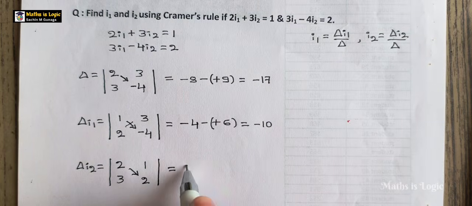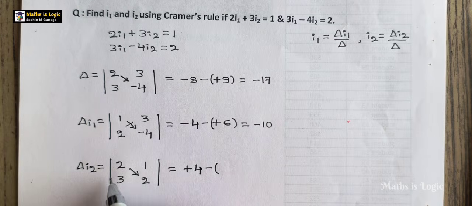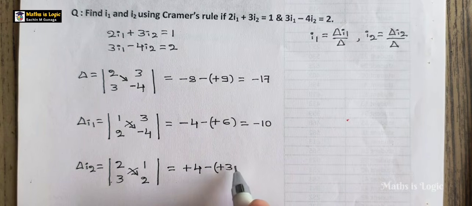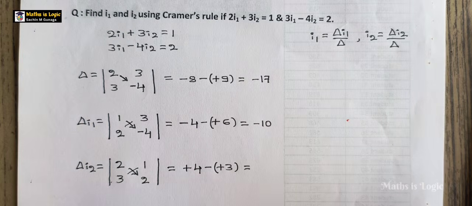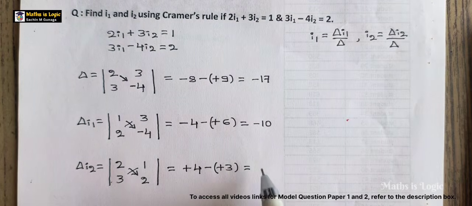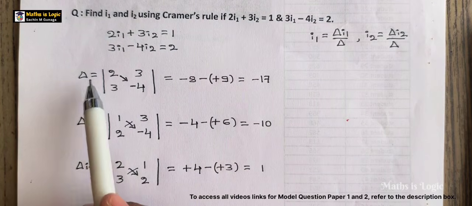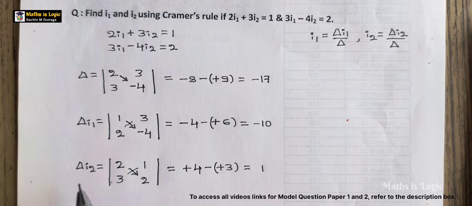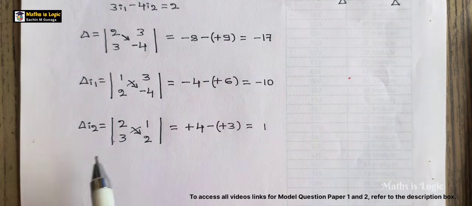Plus into plus is plus, 2 into 2 is 4. Middle minus sign, plus into plus is plus, 3 into 1 is 3. So you will get 1, otherwise use the calculator. Plus 4 minus of plus 3 is 1. So write 1. Once we get delta I1 and delta I2, next find the I1 value.